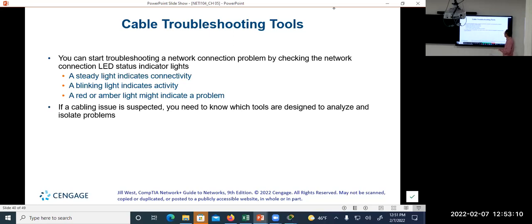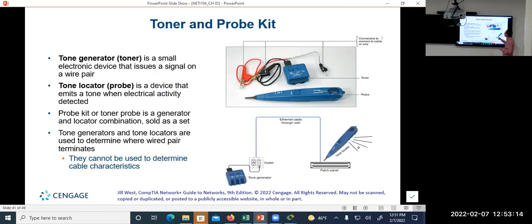If a cabling issue is suspected, you need to know which tools are designed to analyze and isolate the problem. Now you have the toner and probe kit here. Think about the case that you have a complaint from one of the employees that he is not able to connect to the internet.